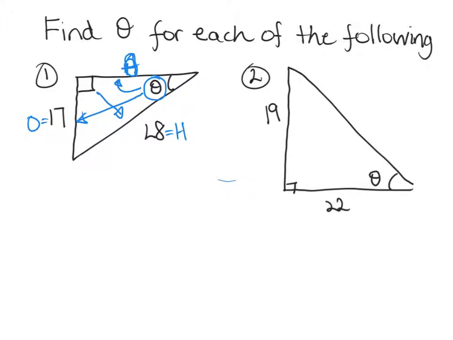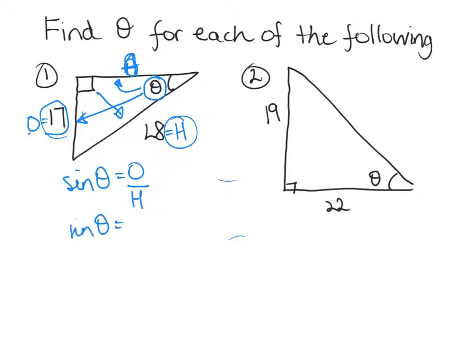Okay, so let's see. We know the opposite side, we know the hypotenuse. Well, the ratio that involves the opposite and the hypotenuse is sine. So if we write down sine of theta is equal to the opposite divided by the hypotenuse, sine of theta is equal to 17 divided by 28. Now, we need to get theta on its own.